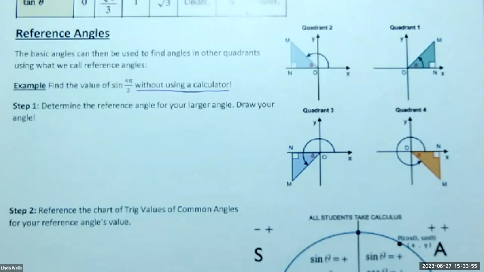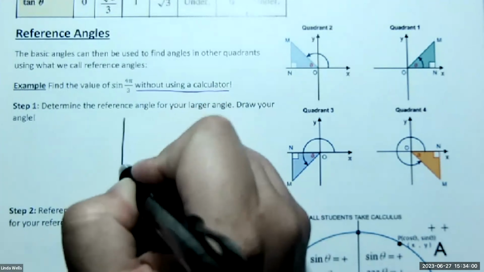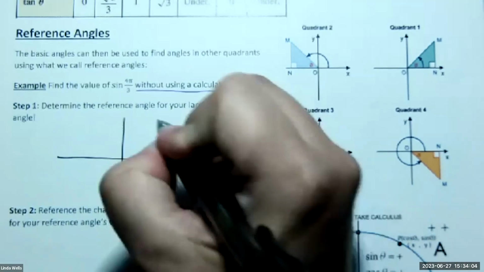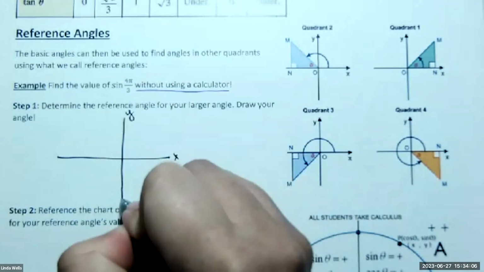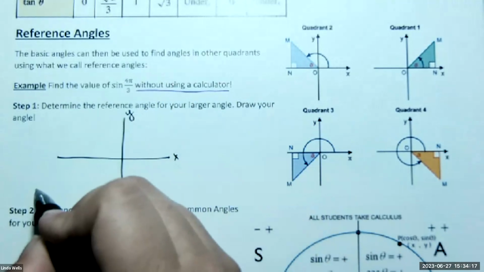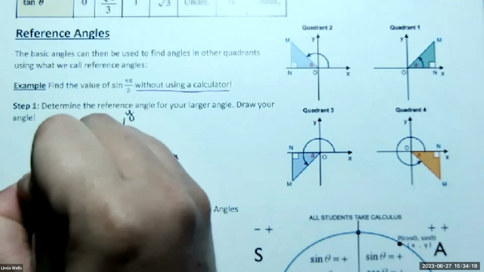Well, first of all, step number 1, we need to draw a picture. So let's draw an XY plane. Now, where is 4 pi over 3? What quadrant? Third? Well, let me help you out. You're right.